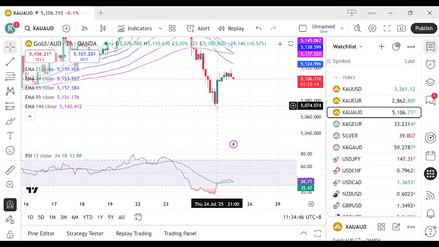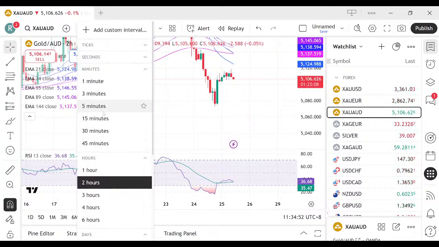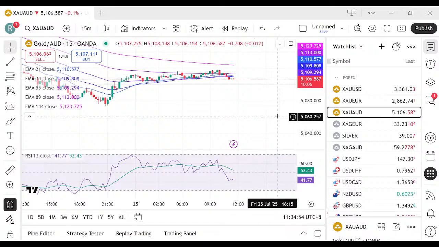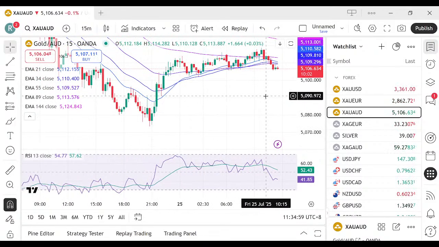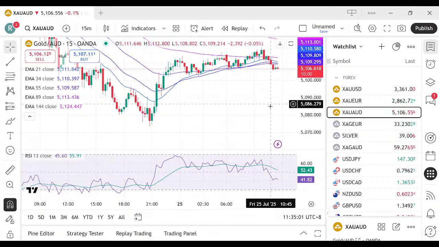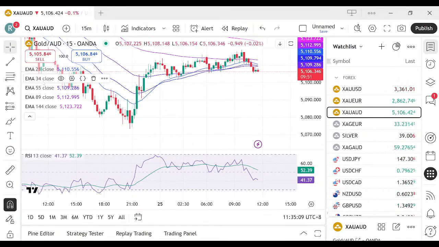Our daily target should be 5040, and the scalping target we should be exiting at 5090 or 5082.